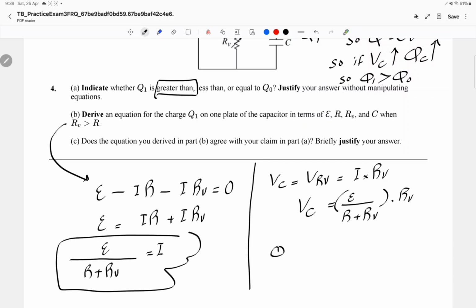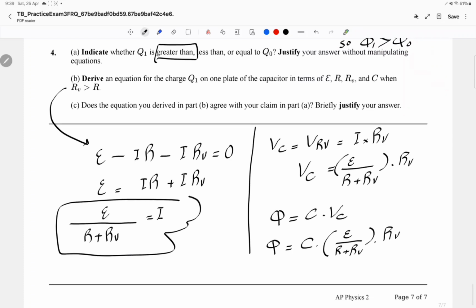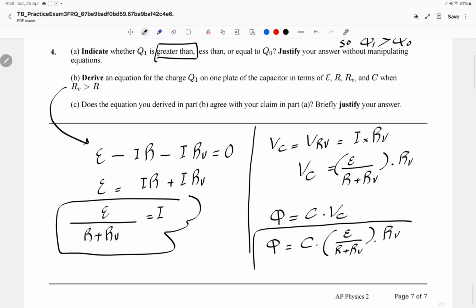Now we know that Q is equal to C times the voltage of the capacitor. So Q is equal to C times EMF over R plus RV times RV. And that's about it. That's the equation.